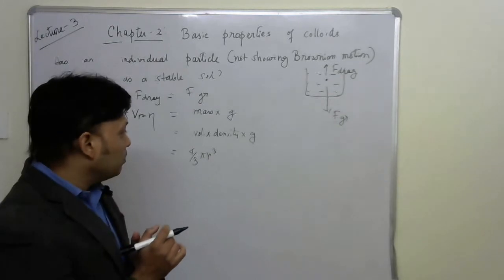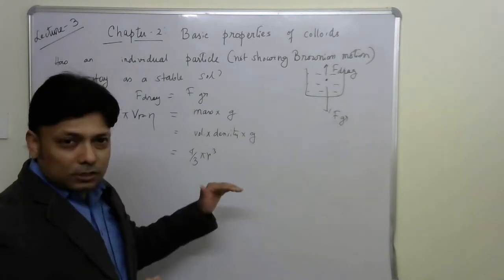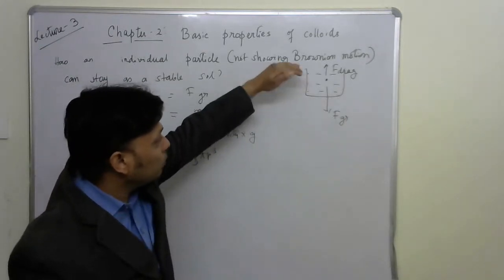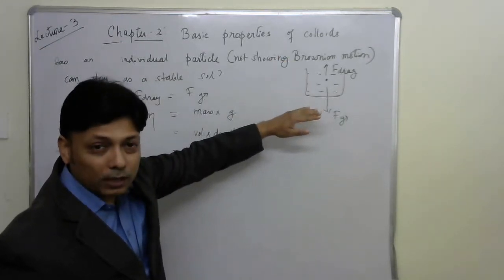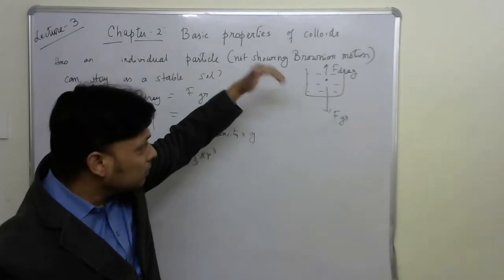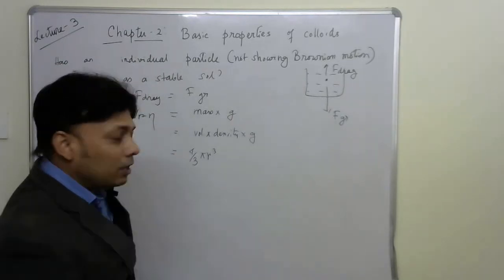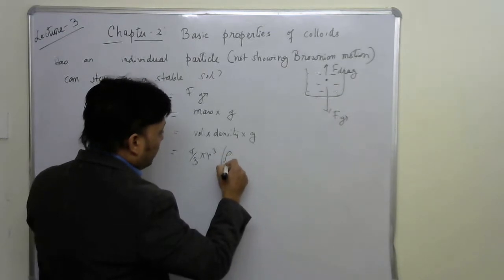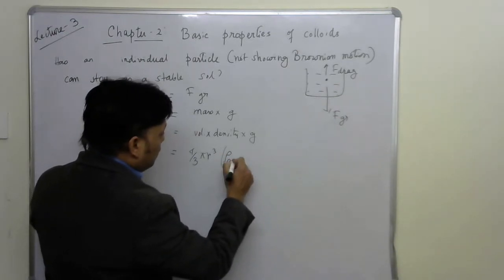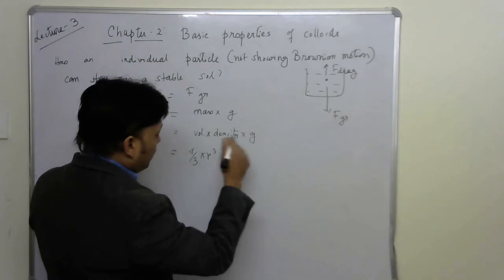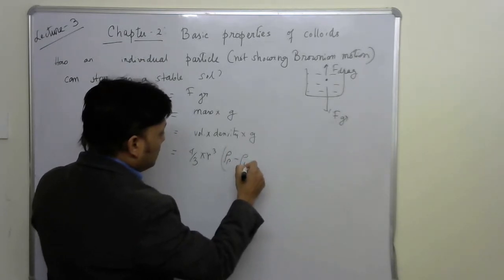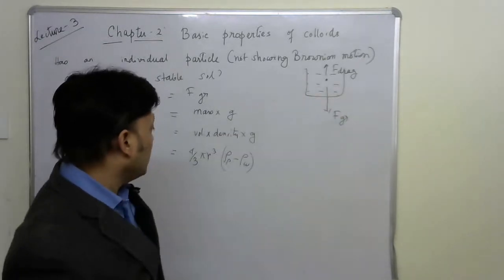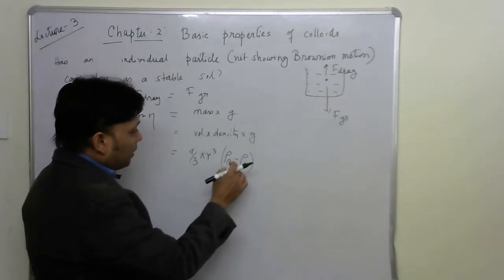So we would be assuming that this density is greater than the water, then only the particle would come inside the liquid phase, otherwise it would stay afloat, it won't be submerged. Okay, so whatever its density, it should be the density of the particle minus the density of water, then only it should be here. Okay, so we can express it like that.